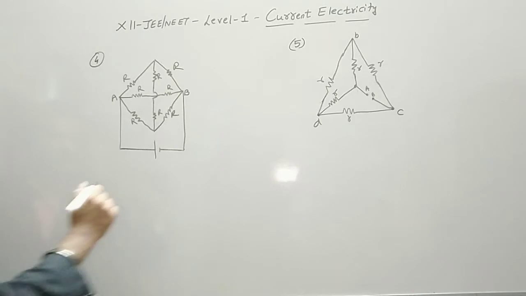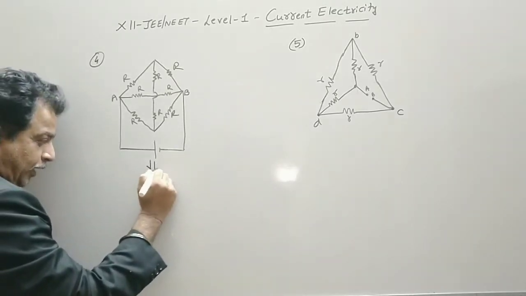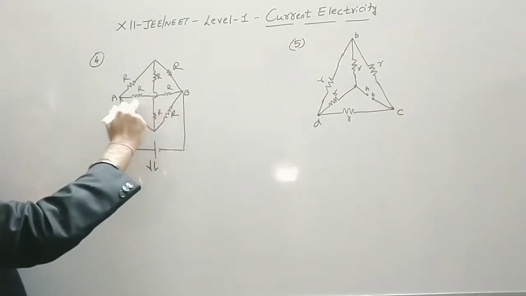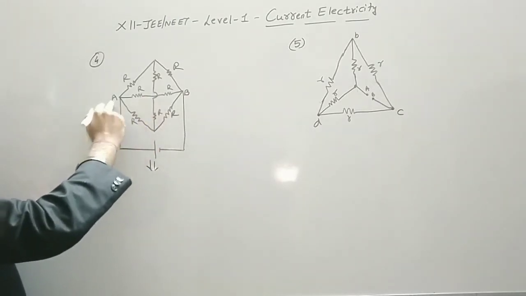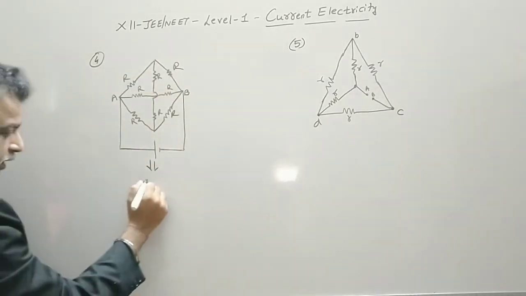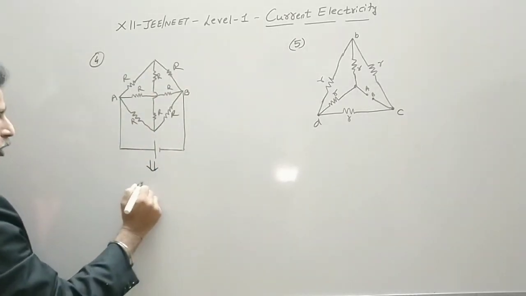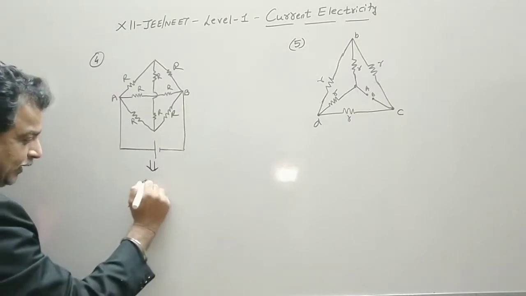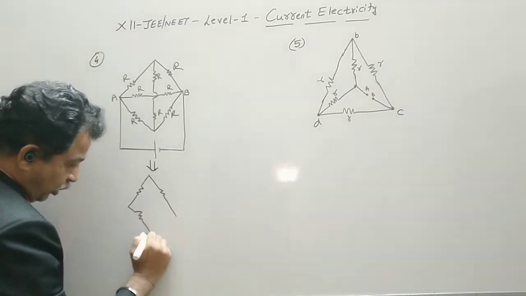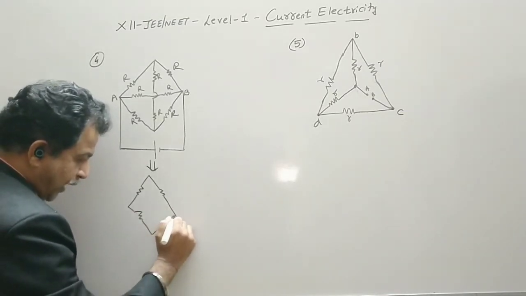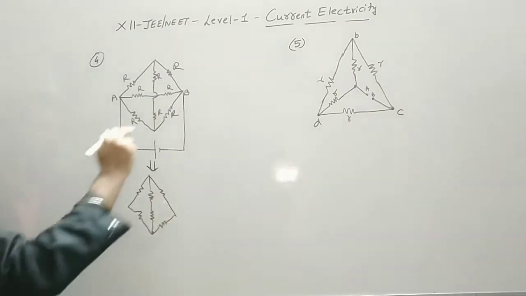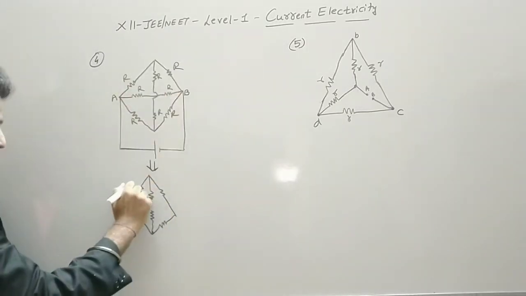If I want to redraw the diagram, I should connect these two resistances in such a way that they are between points A and B, and the remaining portion is a Wheatstone bridge, and we know that all values are identical. So the Wheatstone bridge is balanced. So let us first draw this Wheatstone bridge. So all these resistances are taken care of.